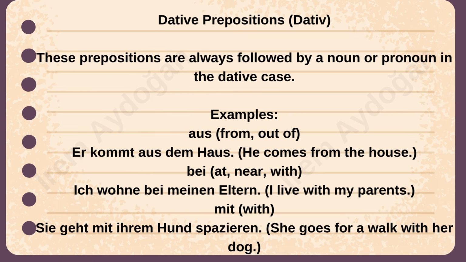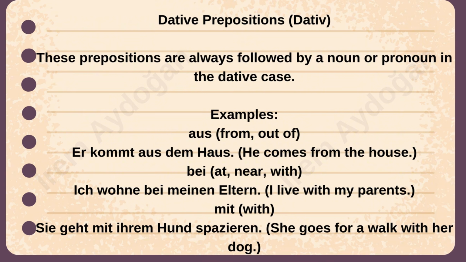And the next example, bei means by, at, near, with. It means ich wohne bei meinen Eltern. I live with my parents. Die Eltern becomes meinen Eltern in dative case. You need to know the articles of the words, and then you can do it better.